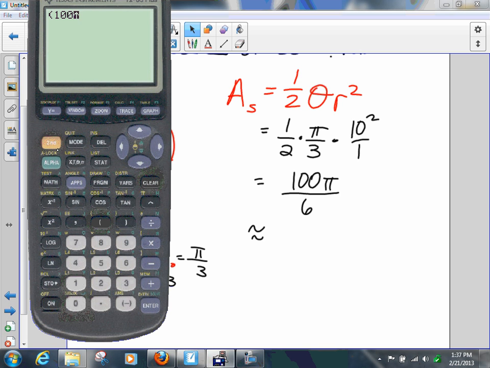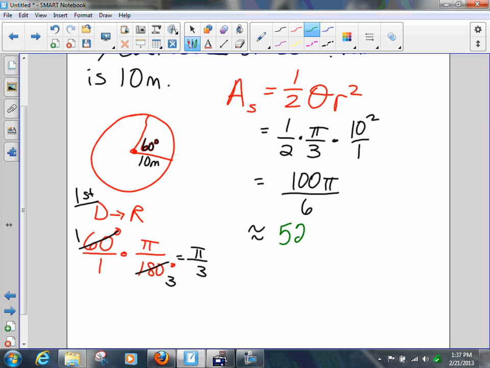100 pi. Here we go, guys. Hey, what's your best answer? 52.4 what's? Wrong. What squared?